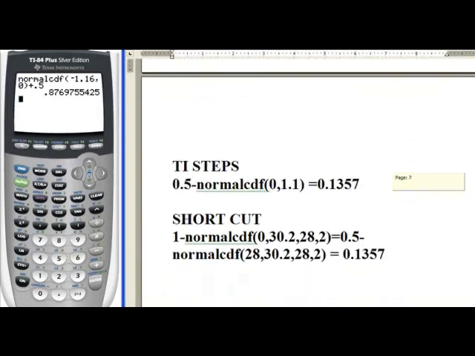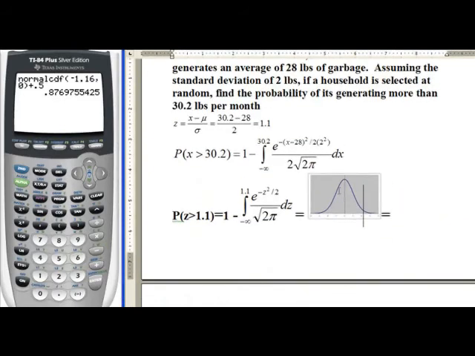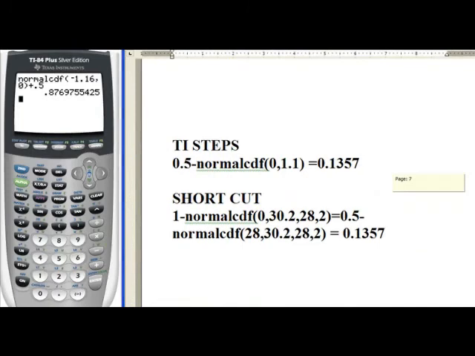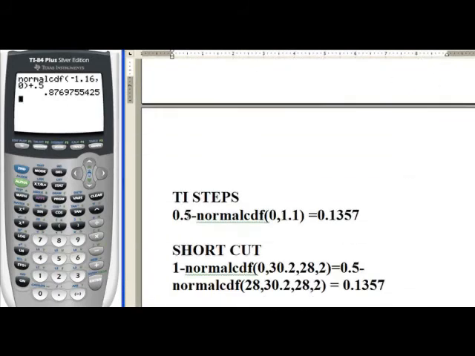If you remember the shortcut, I can take this 0.5, which is right here, and take away this portion so that I have that little value. So you can go 0.5 minus normal CDF, and you integrate from 0 to 1.1.